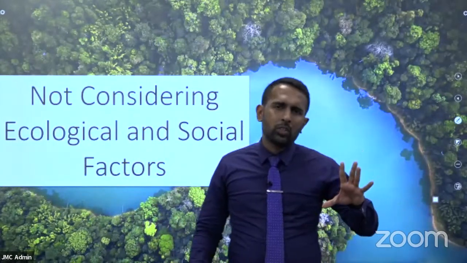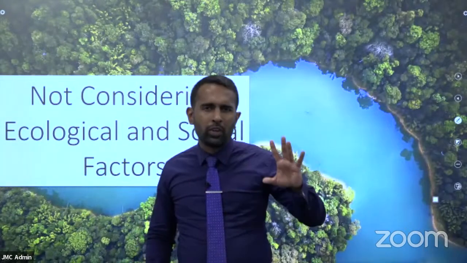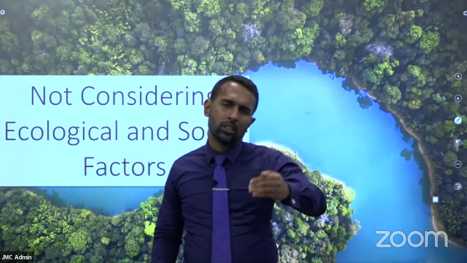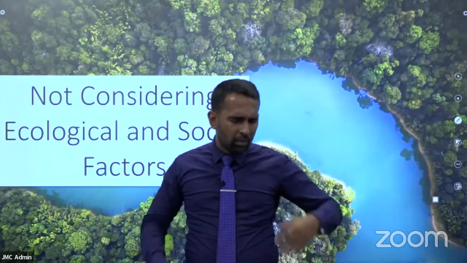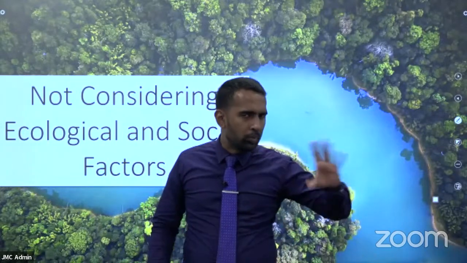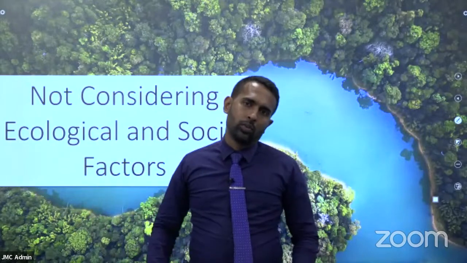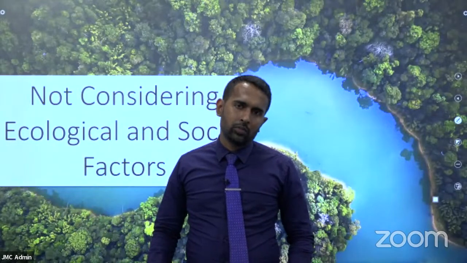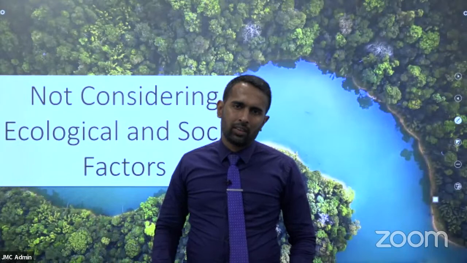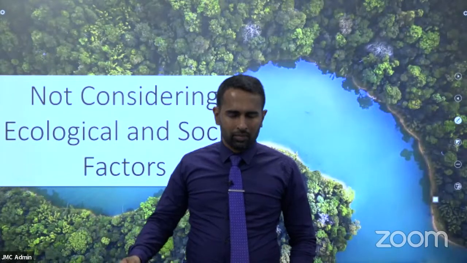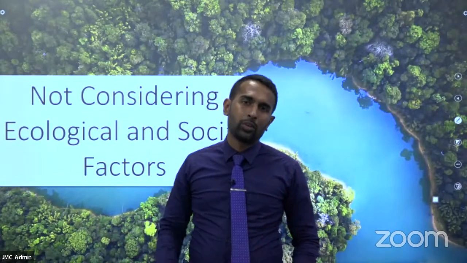There are companies who are making massive profits but damaging our ecosystem, our environment. A polythene manufacturing company, super profit, but it will take 100 years for that polythene to dissolve into the environment.